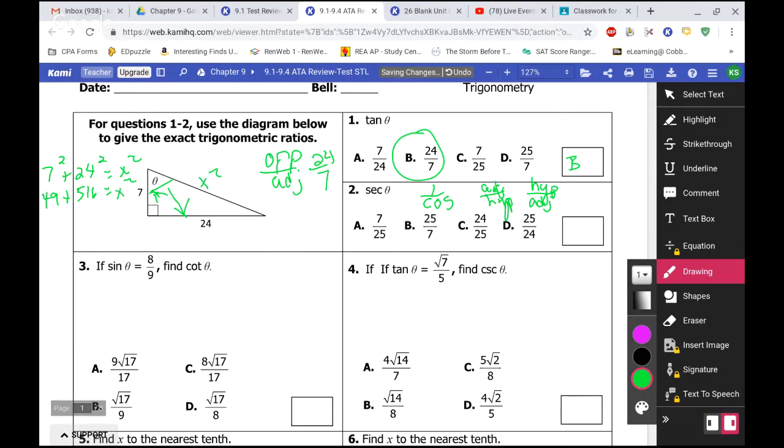And 576 plus 49 is 625, and the square root of 625 is 25. So we're going to have the hypotenuse, 25, over adjacent, which is 7. So that also is B.